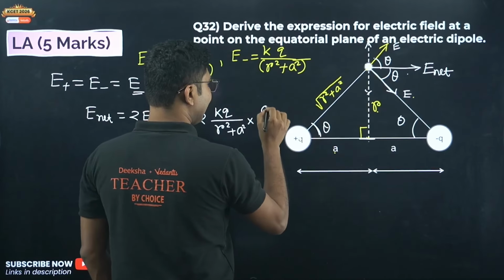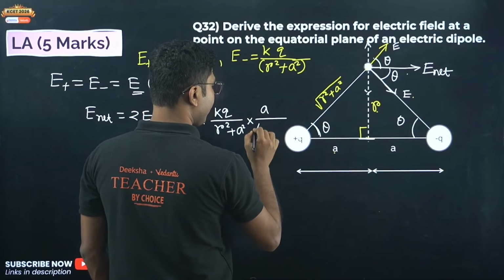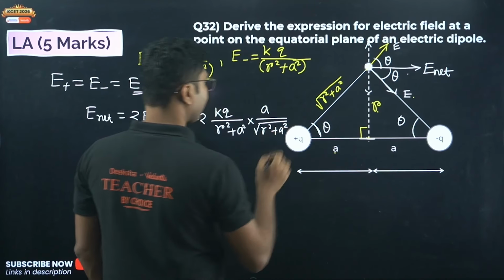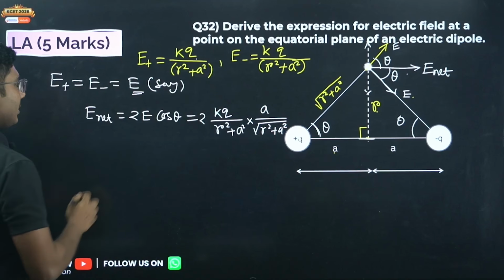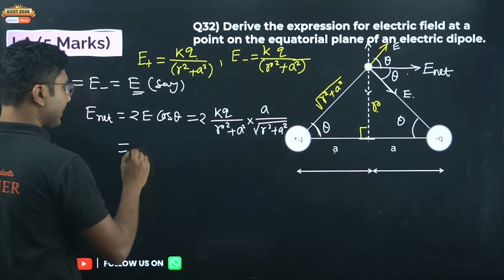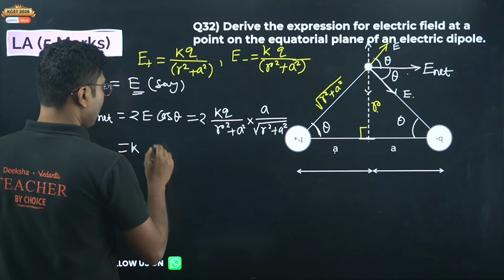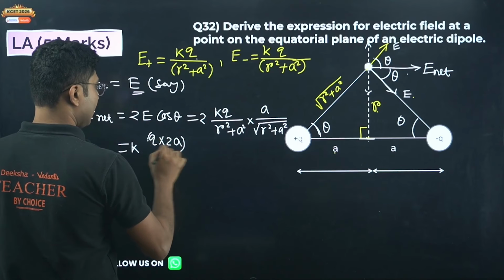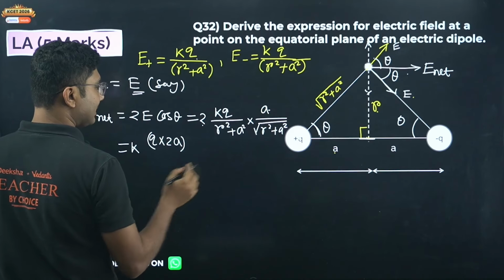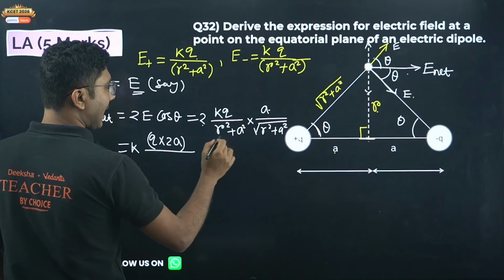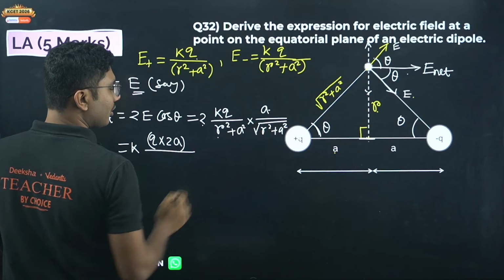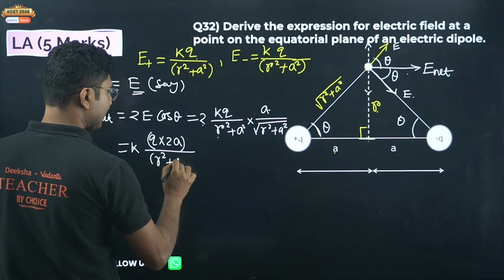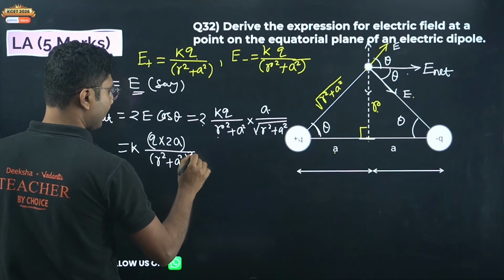So base is a, hypotenuse is the square root of r square plus a square. Okay, so everything is done. Now again we just have to rearrange. k is common, q into 2a. So this 2 multiplied with this a gives q into 2a, and r square plus a square into the square root of r square plus a square, so we get r square plus a square to the power 3 by 2.